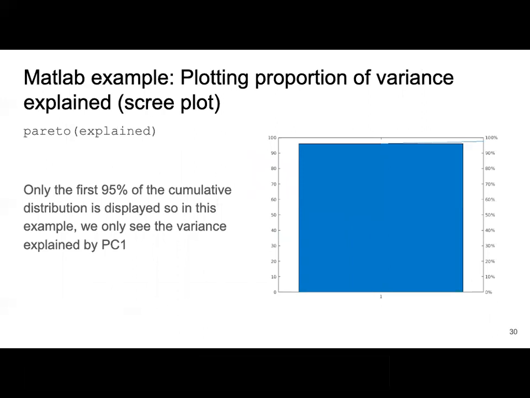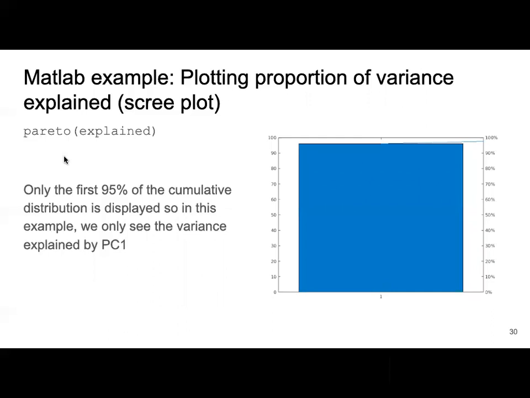Another plot that we can use to help determine how many components to use is called a scree plot. In MATLAB, I'm not really sure of the connection here, but this is the syntax. You write pareto and then explained. I'm sure there's a connection with that word. I've just never heard of it before.